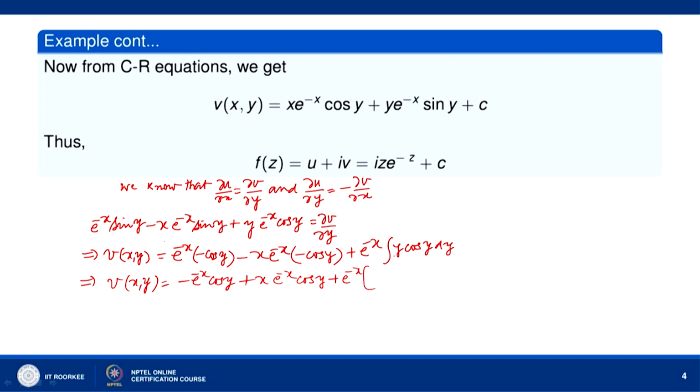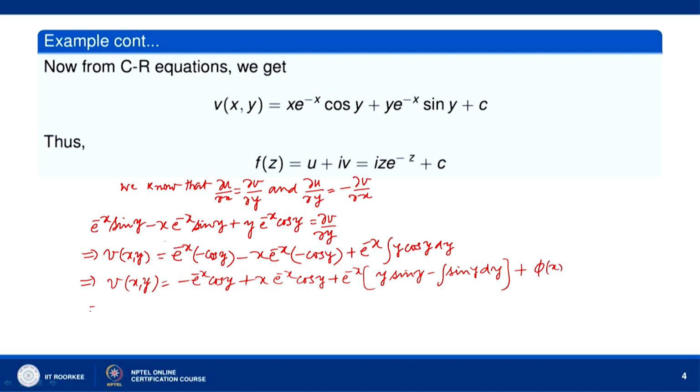Now, let us integrate this. So, we have integration by parts we are doing. So, y times sin y minus integral, derivative of y is 1, and we have sin y, plus a function of x, because we are integrating with respect to y assuming x as a constant. So, the constant of integration will be a function of x, let us write phi(x).